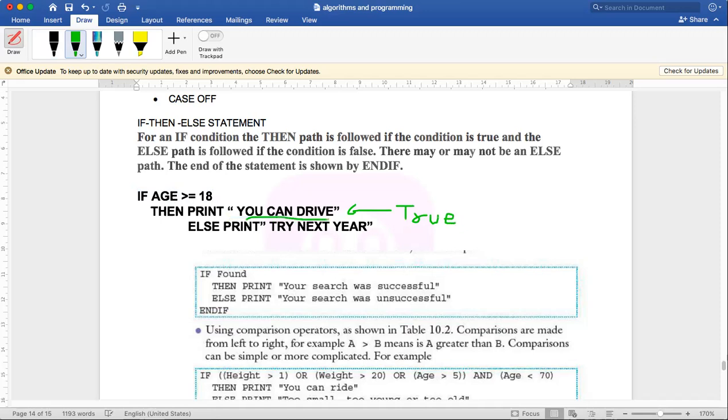And if the condition is false, if the person is under 18, and the age becomes false, like 17, 16, 15, whatever, then the next statement, else, will be executed. So you can see that then goes with the true and else goes with the false. In this way, if then else works.